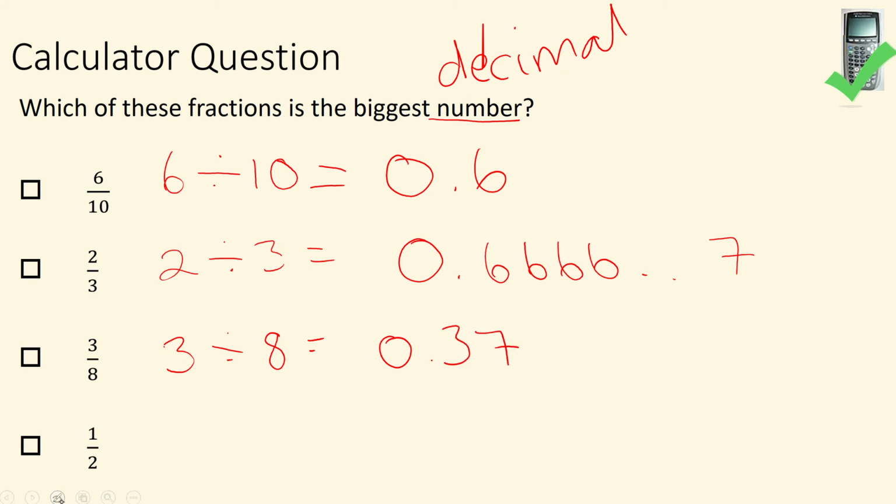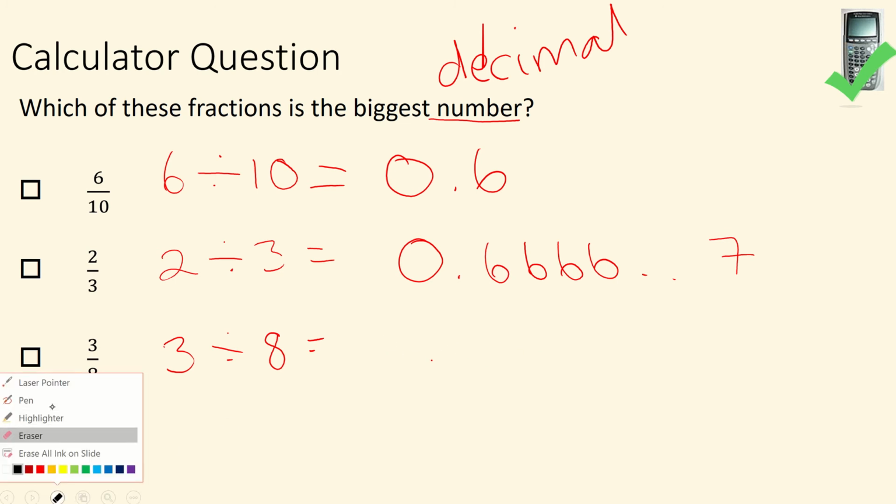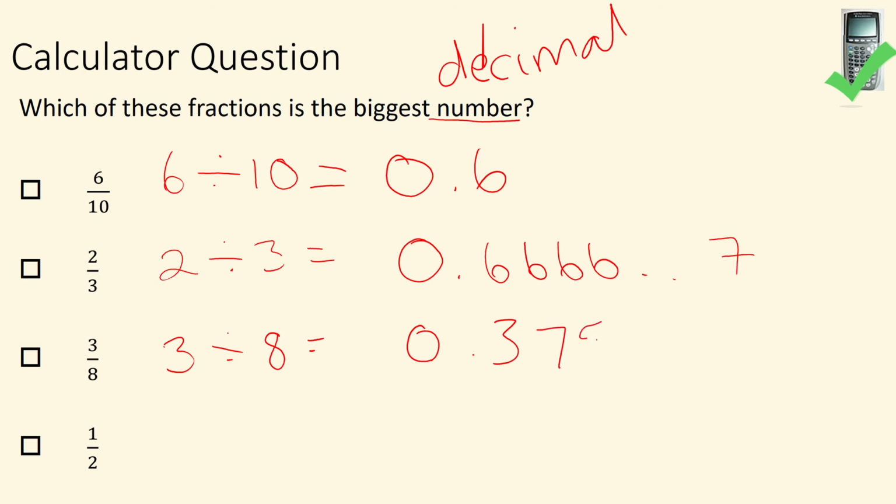Oh, sorry, can I just rewrite that one? I just want to line it up a little bit better. There we go. 0.375. And last but not least, 1 divided by 2, which I would hope you know, is 0.5.